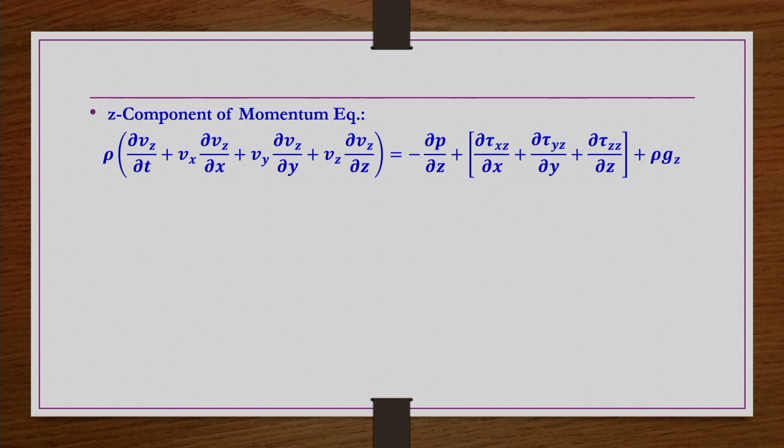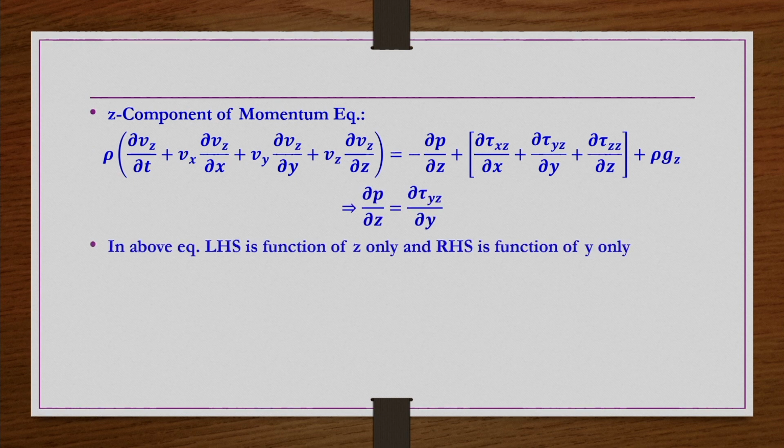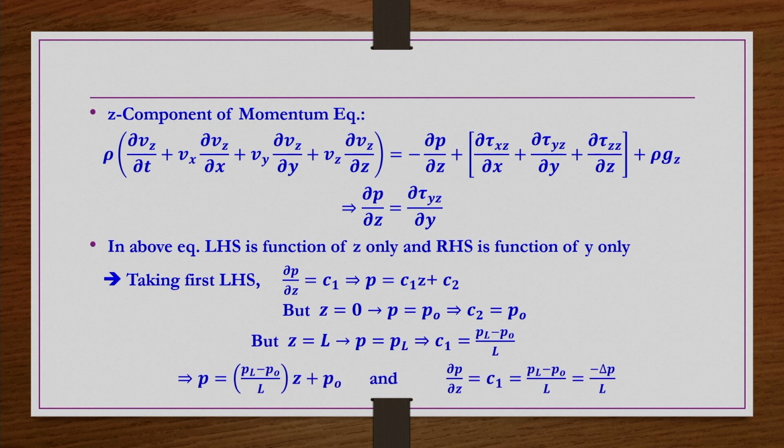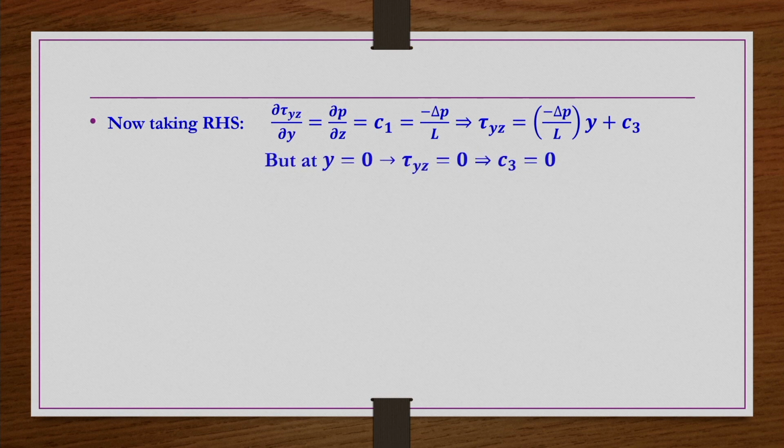The simplification of the z component of the momentum equation is also exactly like the power law case, because the geometry and flow constraints are the same. So the pressure distribution we got for the power law case is valid here also, and the shear stress too. Exactly the same thing.